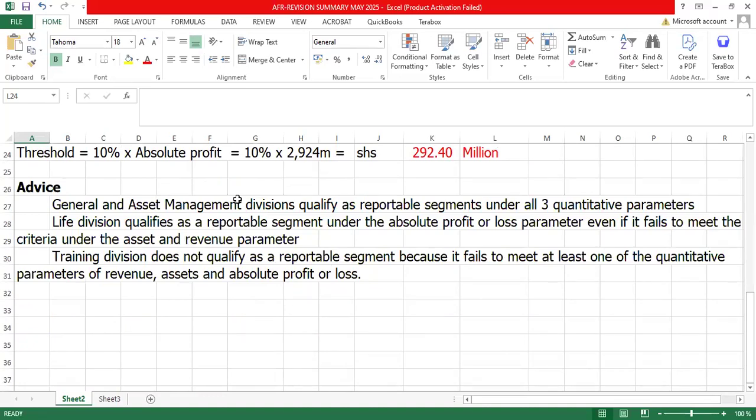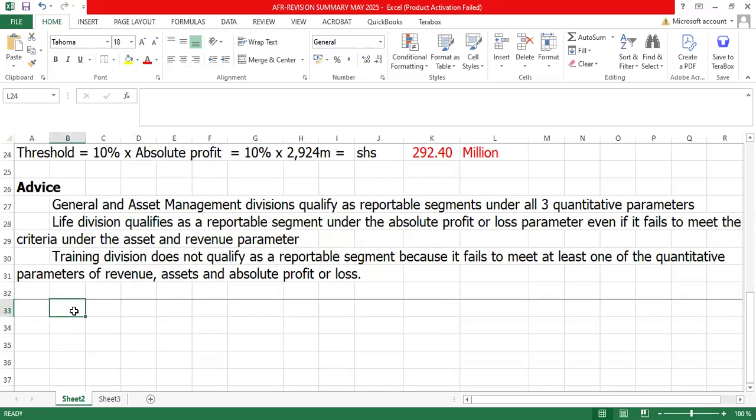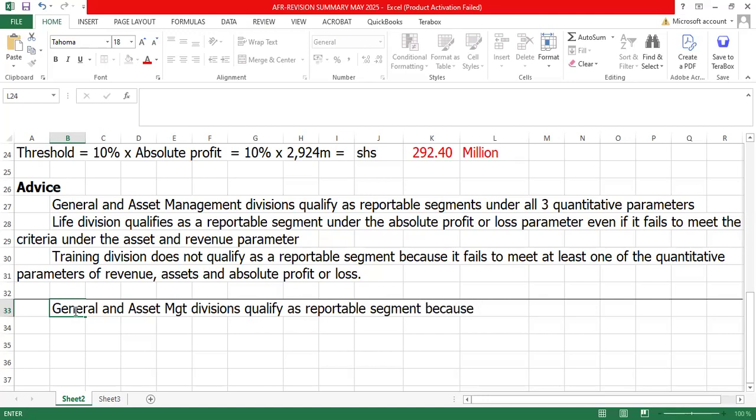But what I'm saying is, maybe you can say that general and asset management divisions qualify as reportable segments because they are above the threshold, and you bring in the value.